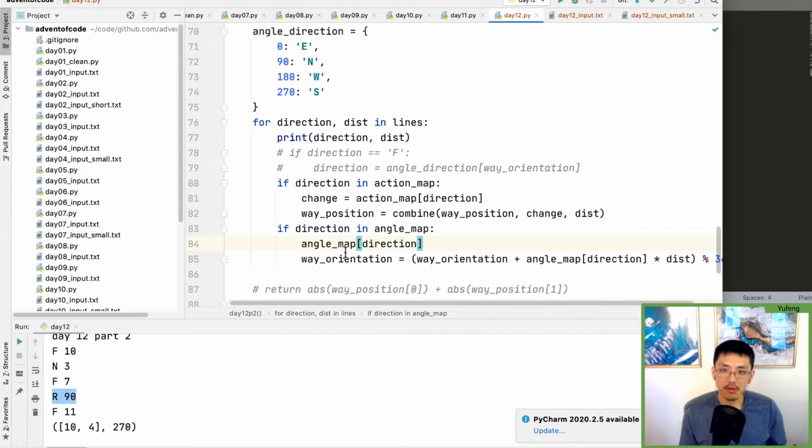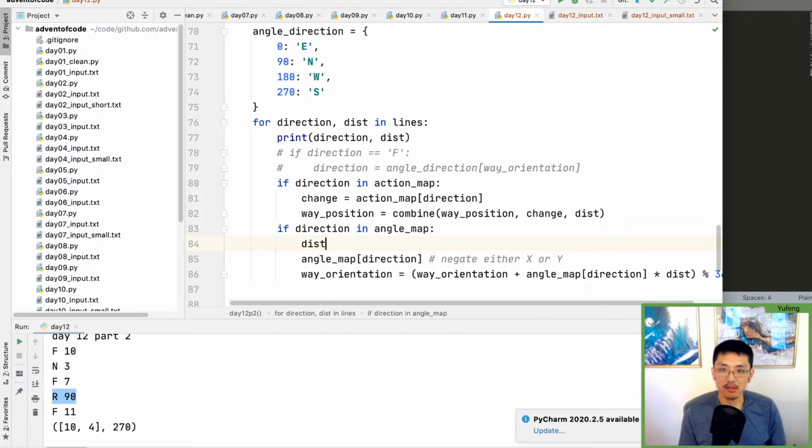So this will be the multiplier. Negate either x or y. But first we need to take the distance and mod 90 on it to figure out, divide by 90 to figure out how many times to swap x and y.